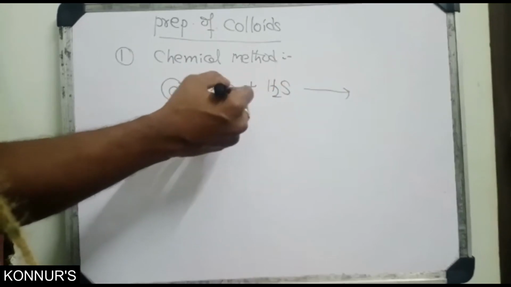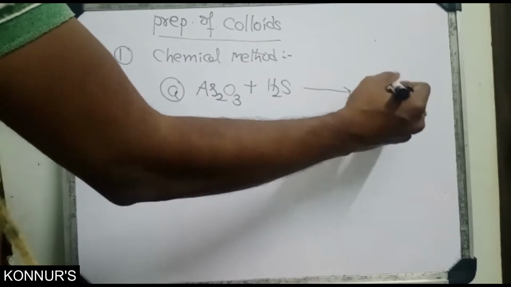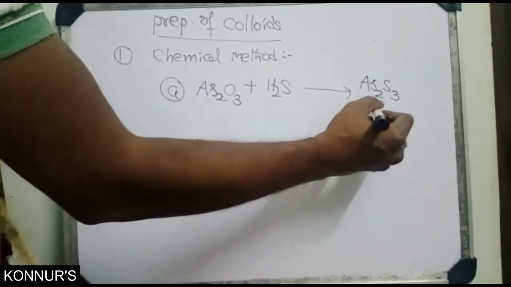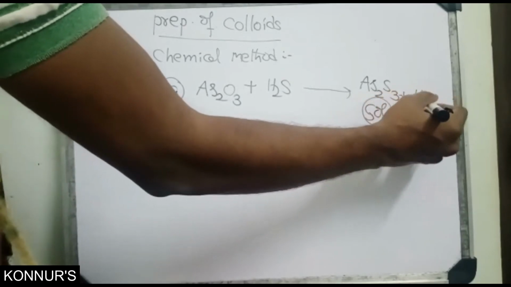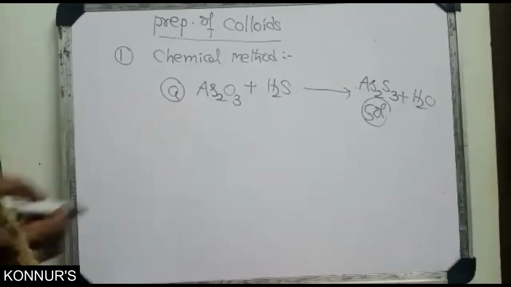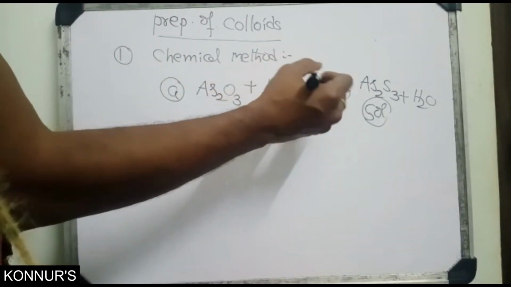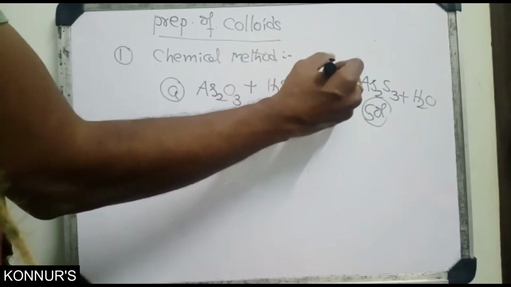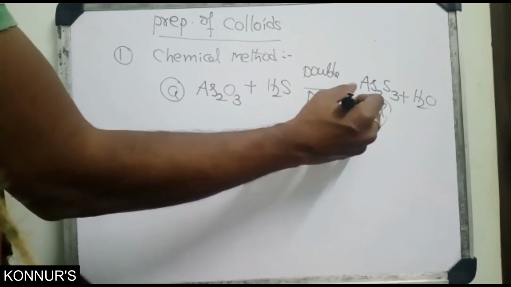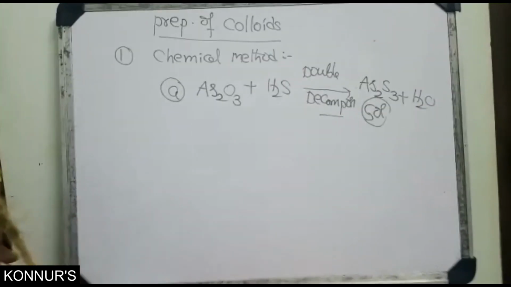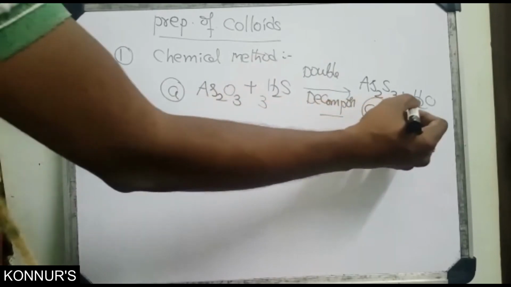H2O is eliminated, so you get As2S3, which is the sol, plus water. This is a double decomposition, otherwise a double displacement. Try to balance this one, with 3.